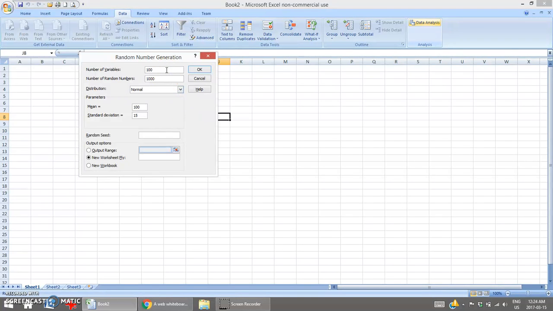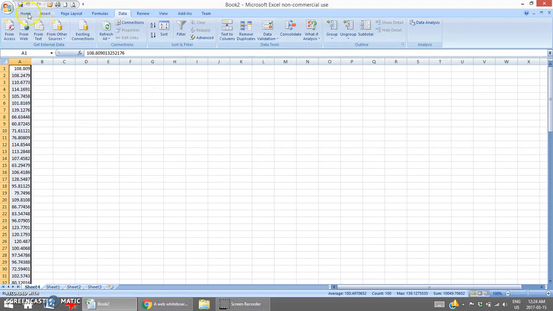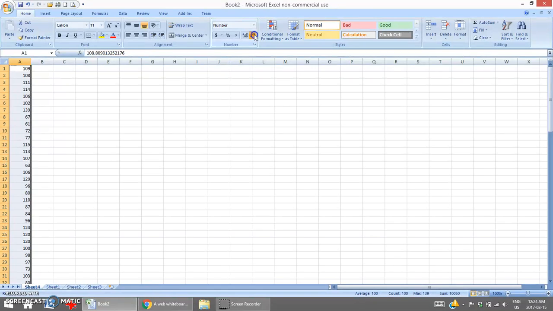What we want to do is randomly select 100 people from the general population. What would the average of that sample be, and what would be some other characteristics of that sample? So we have Excel do this. Shouldn't take very long. We're going to hide some decimal places in there.